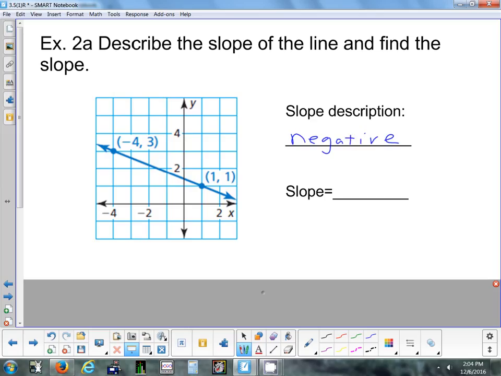And now Mr. Roy gave you a suggestion. Which one should you do first, the rise or the run? Why should you do the rise first? Well, think about the formula. Tell me the math.